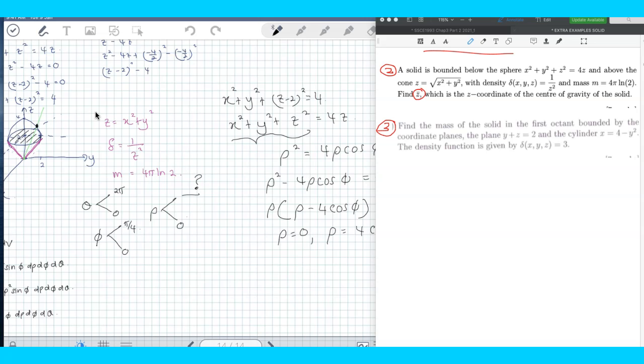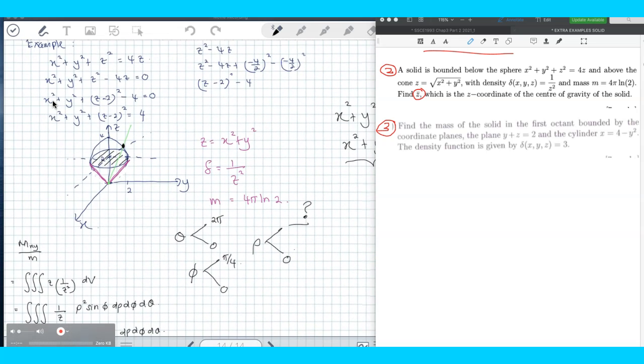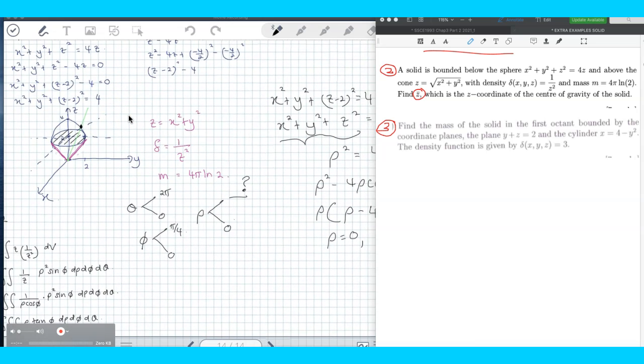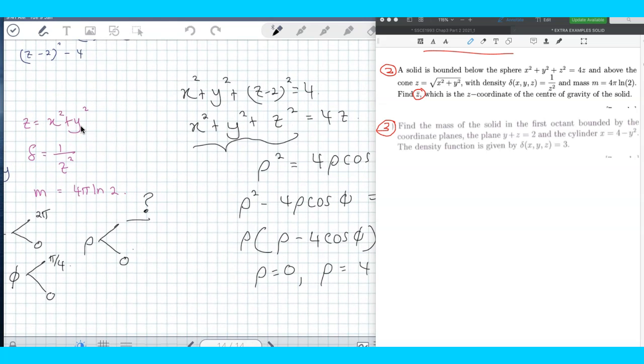Okay, so rho equal to 0 is the origin, and this surface, which is the sphere shifted along the z, is given by rho equal to 4 cos phi. So now we know the upper bound in terms of spherical coordinates: rho equal to 4 cos phi.